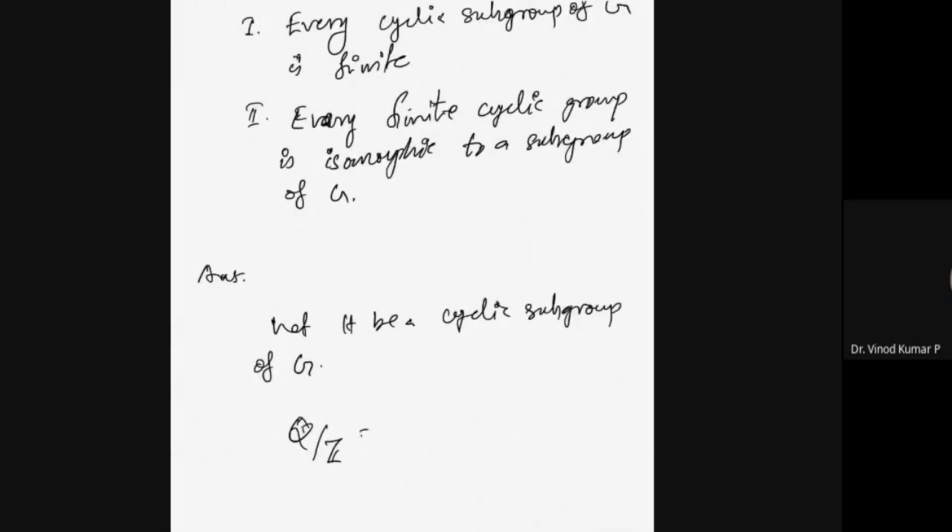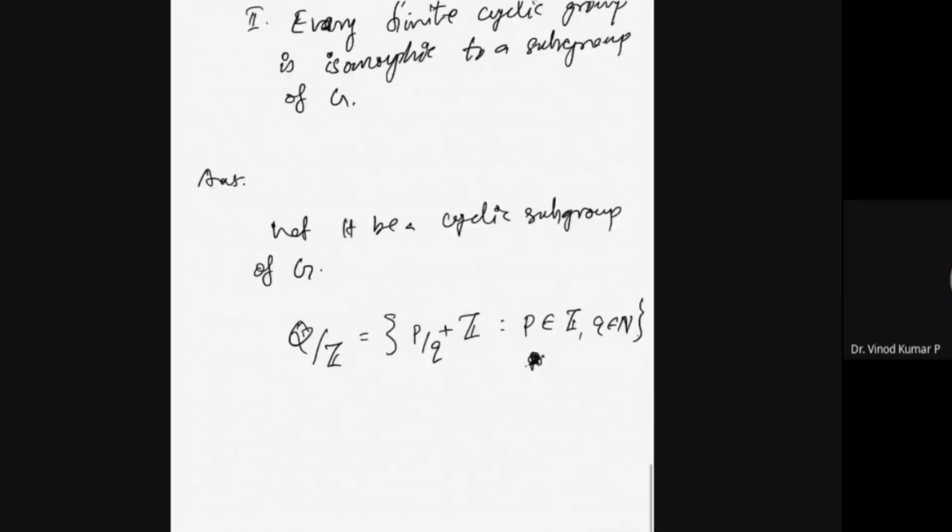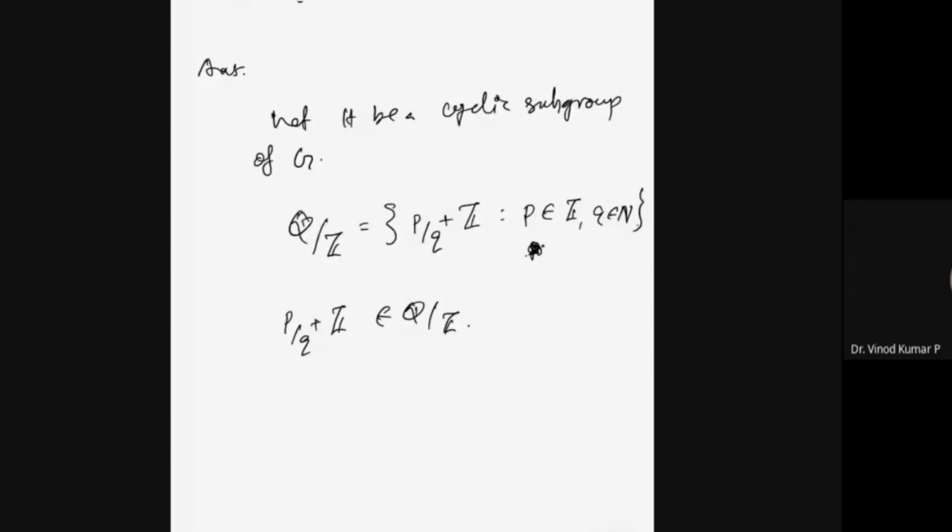So the elements of Q modulo Z will look like some rational number p by q plus Z, where p belongs to Z and q belongs to N. So you take one element p by q plus Z from Q by Z. Can you tell me what is the order of this element, p by q plus Z, in Q by Z?